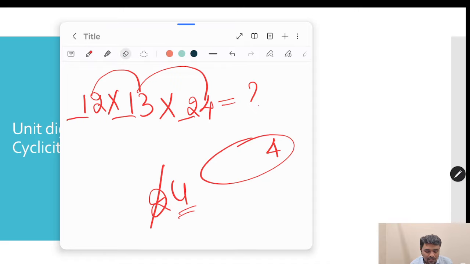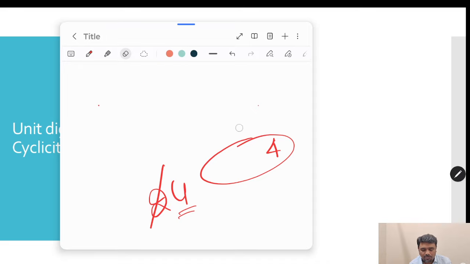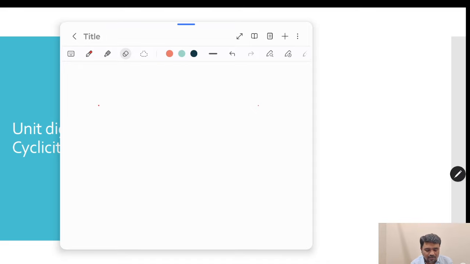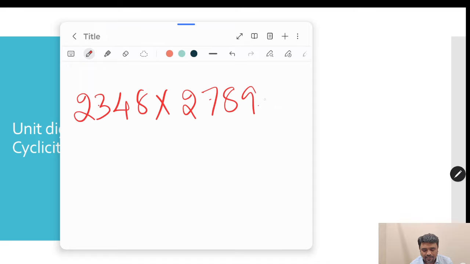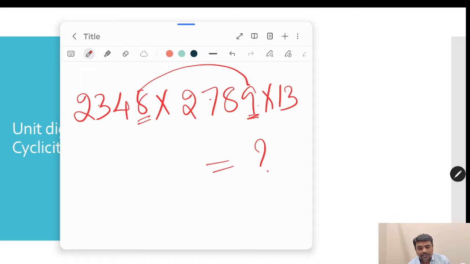Are you getting my point? Let me give one more example, whichever the number, however big it is. Let us say 2348 into 2789 into 13. Once again, the question is not about the product. The question is about what is the unit place of the result. So what is the unit place here? 8. Here 9 is there. 8 into 9, 72.